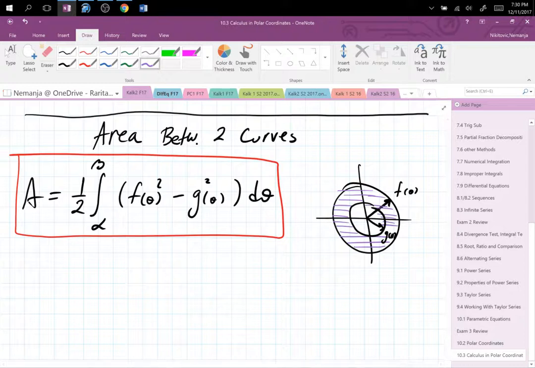Those are the functions squared, not thetas. Boom. Yeah, it's alpha and beta. Good.